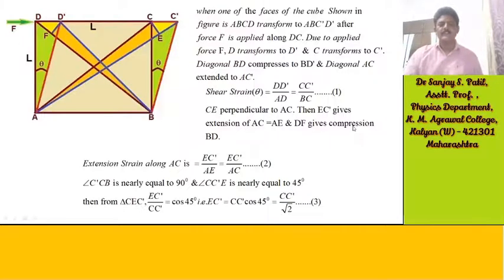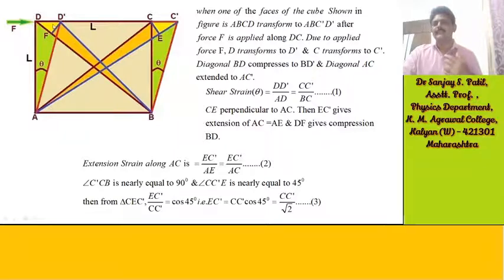Now we will see one of the faces of the cube shown in the figure, ABCD, transforming to AB, C dash, D dash.